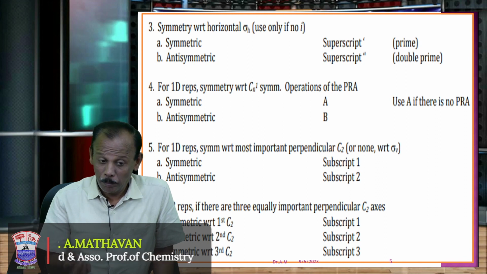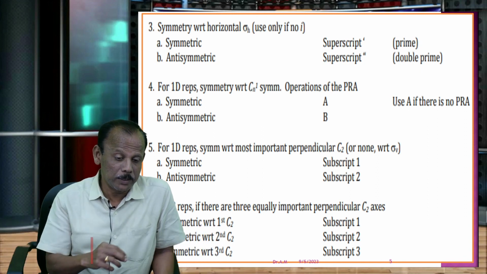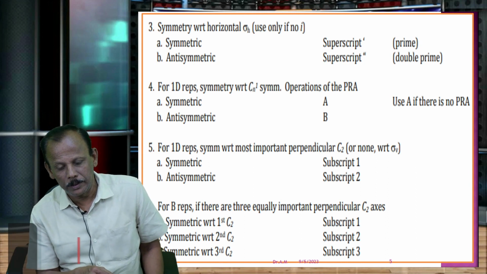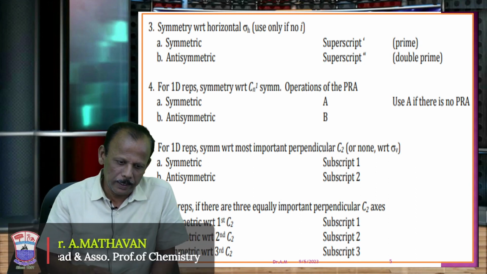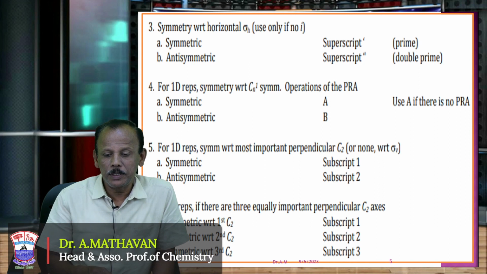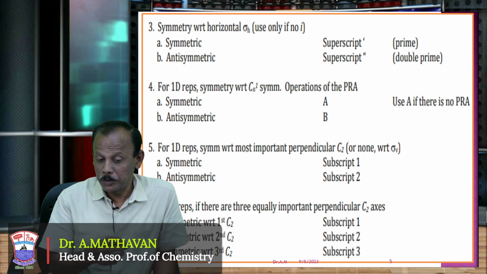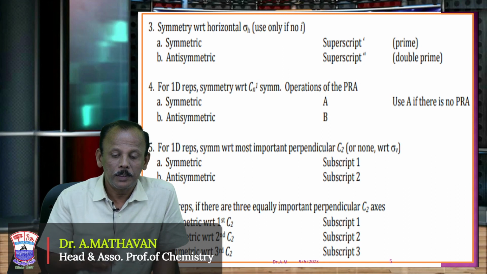Similarly, for the A and B representations, that is one-dimensional representations, if there are 3 equally important perpendicular C2 axes, that is C2x, C2y, C2z, then symmetric with respect to the first C2 uses subscript 1, symmetric with respect to the second C2 uses subscript 2, and symmetric with respect to the third C2 uses subscript 3.